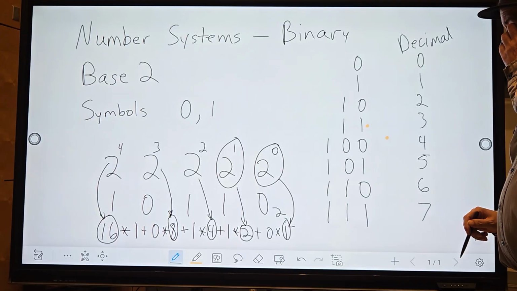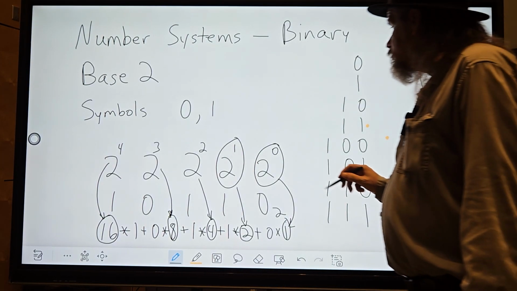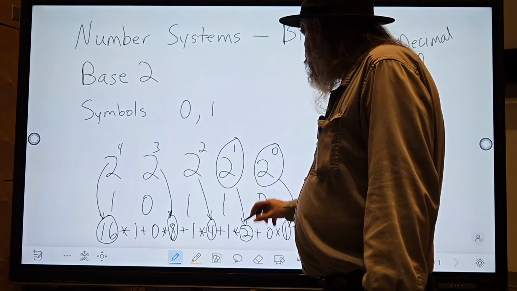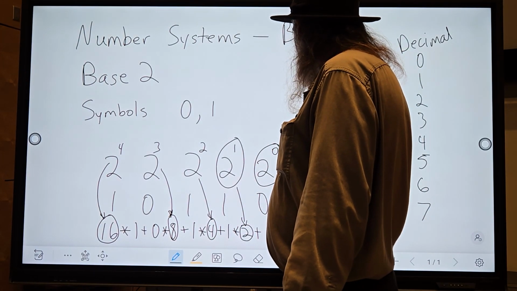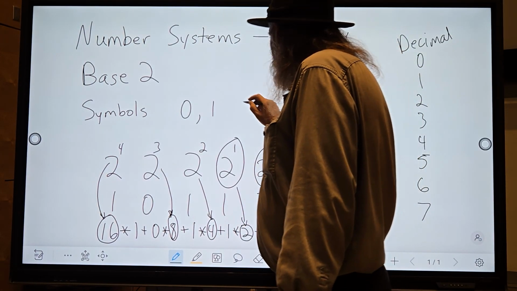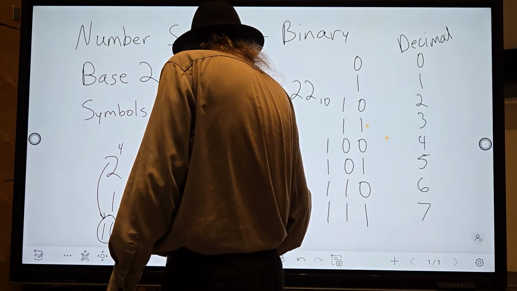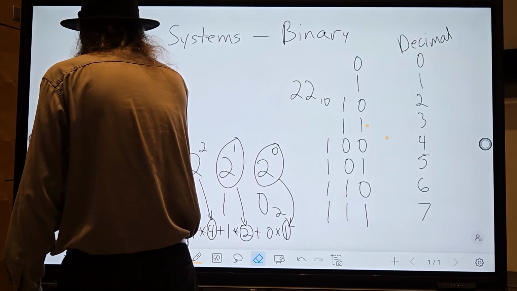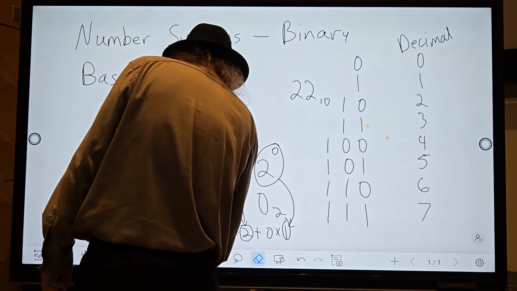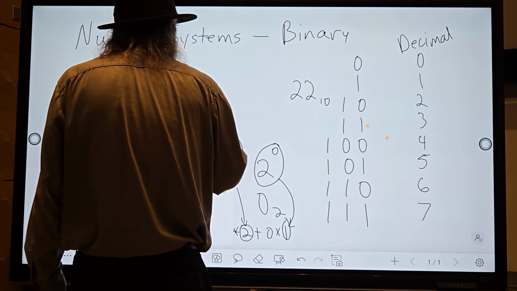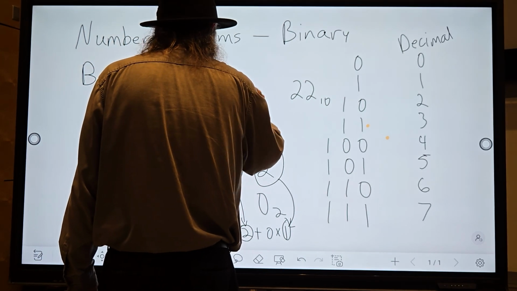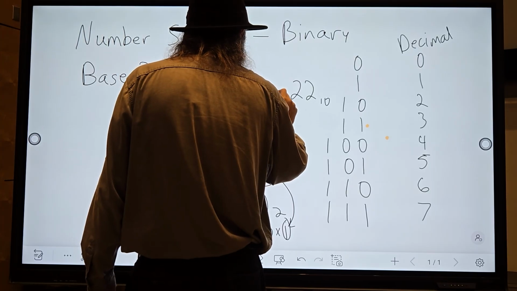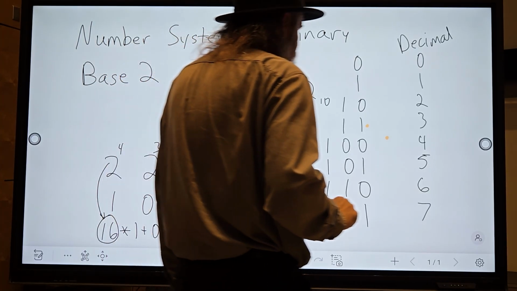So the equivalent decimal is 16 plus 4 plus 2, which is 22 in base 10. So 1 0 1 1 0 base 2 is equal to 22 base 10.